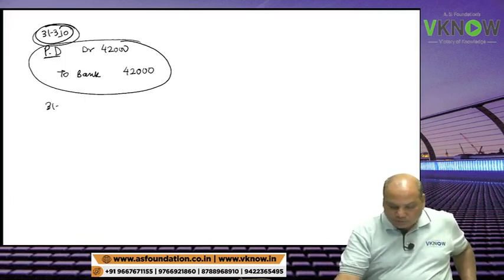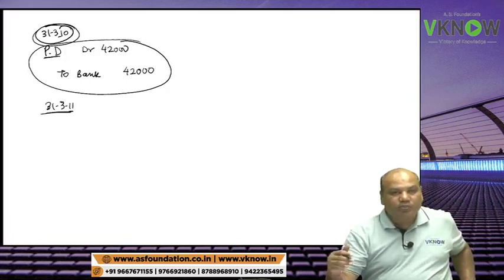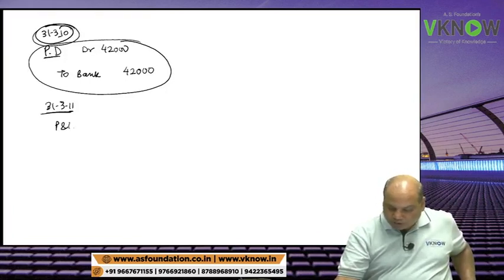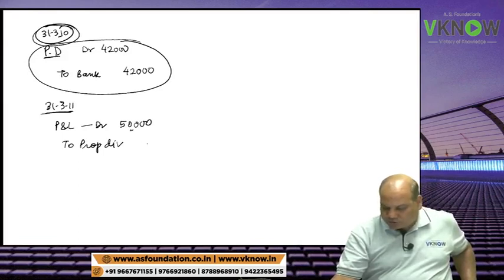current year, that is on 31st March 11, the company may have made a fresh provision for proposed dividend by passing an entry, P&L account debit to proposed dividend 50,000. So these are two transactions.